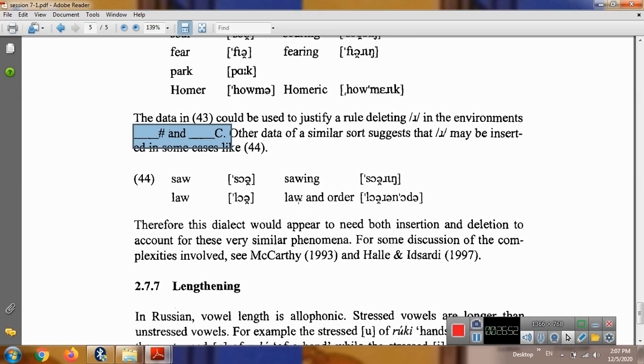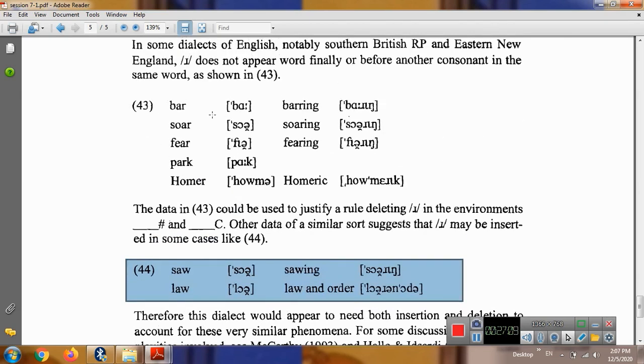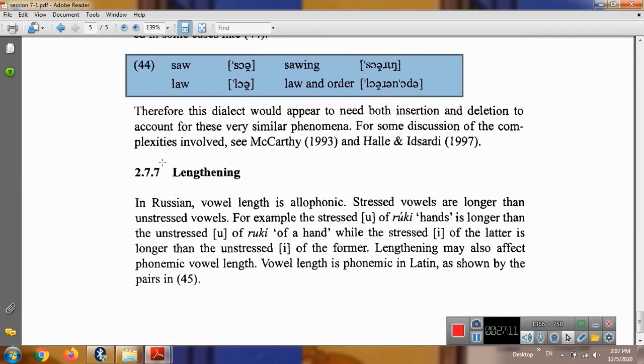Here, because we have 'and', we insert the r, but we don't have this sound in the word when it is alone. Therefore, here we have insertion and here we have deletion. Therefore, this dialect would appear to need both insertion and deletion to account for this very similar phenomenon.